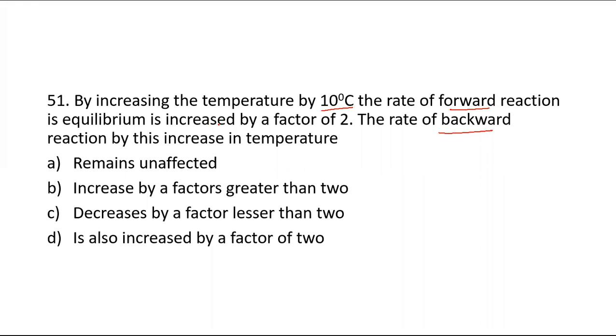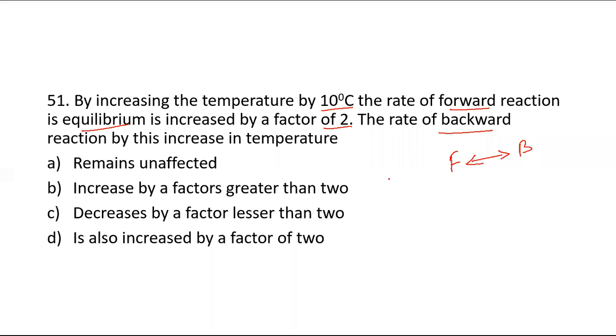If the equilibrium is increased by a factor of 2. It is in equilibrium. That means forward reaction will be equal to backward reaction. So whenever the word equilibrium comes, that means it is in dynamic equilibrium. Forward reaction and backward reaction will be in the same manner.